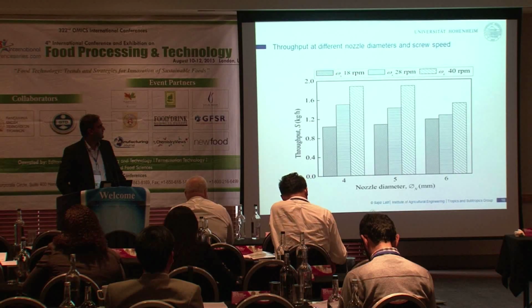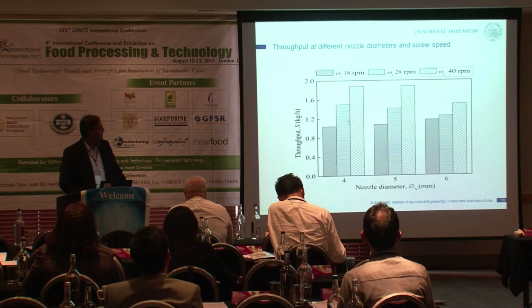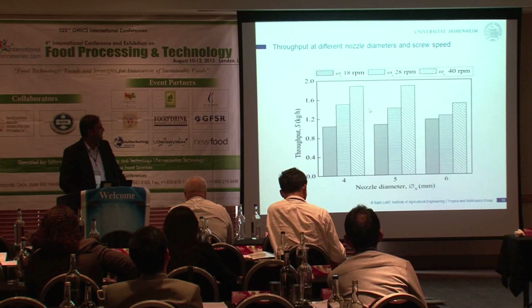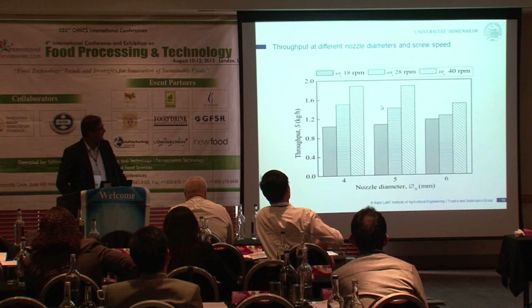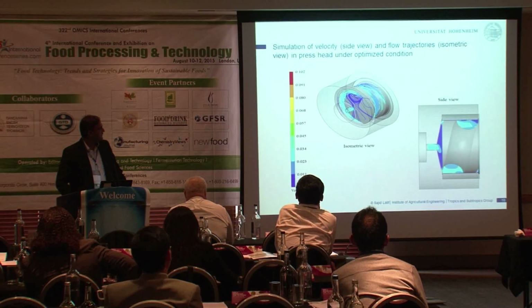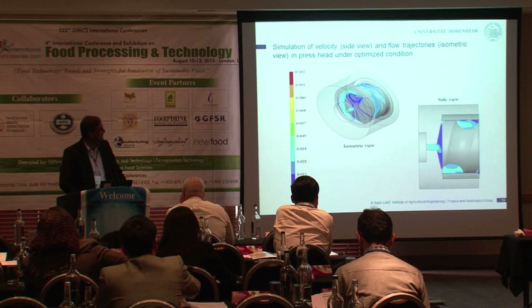So we also checked the throughput, like how much material we can pass through and press. Both nozzle 4 and 5 were more or less the same. So this was the simulation of velocity and flow trajectory, to see the effect under the optimized conditions.